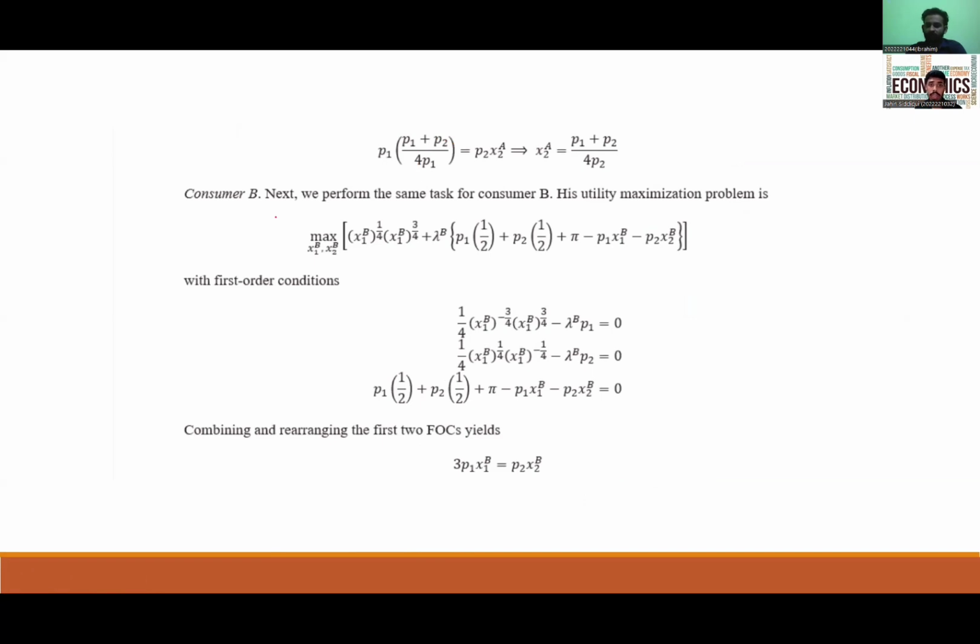Now we try to get consumer B's demand for good 1. We did the same task for consumer B, and the utility maximization problem for consumer B is given here. With the first order conditions with respect to x1b, x2b, and the Lagrange multiplier lambda b, we get these three equations. Similarly, after combining and rearranging the first two conditions, we get this equation. After simple mathematics, we can get this equation easily.